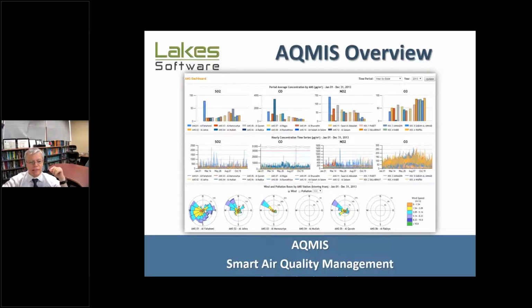We had cases with pollution roses where an oil refinery was being investigated by the regulatory agency, and just not doing dispersion modeling, just using a monitor station and the pollution rose, which is similar to the wind rose, we knew the impacts were coming from here, and there was a petrochemical plant here causing all the problems on this monitor station. So we add more value to the value that we already get out of a monitor station.